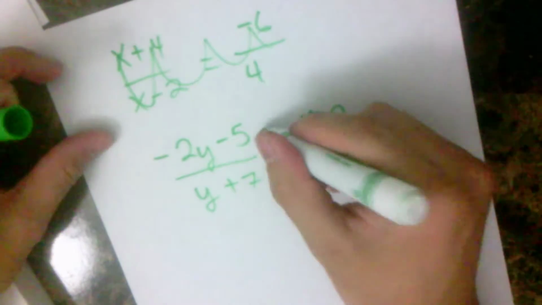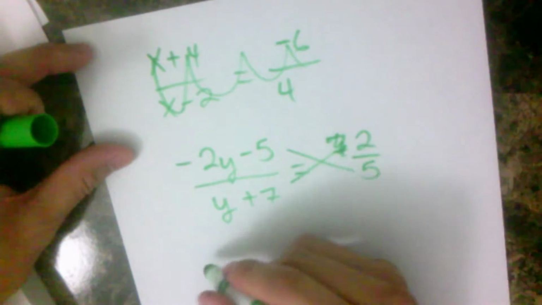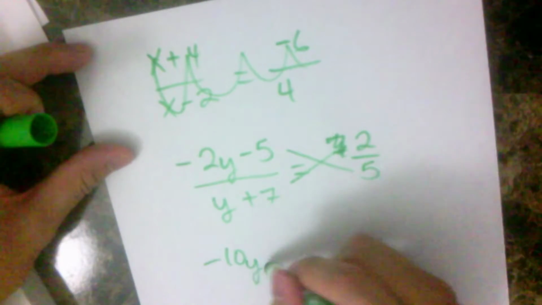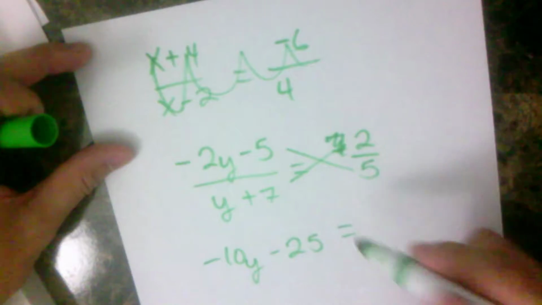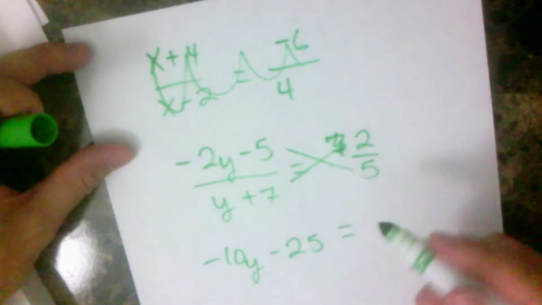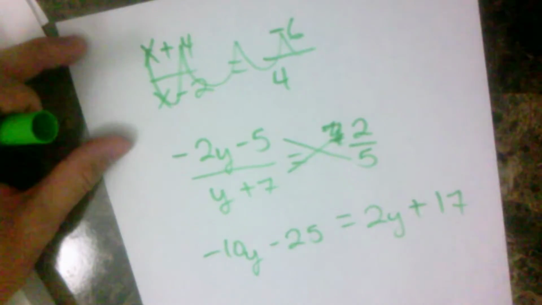Okay, and we would still cross multiply and divide. So cross multiply. Negative 2y times 5 is negative 10y. Negative 5 times 5 is negative 25. Put your equal sign and then do that times the bottom. So 2 times y is 2y, 2 times 7 is 14. Now let's combine like terms.